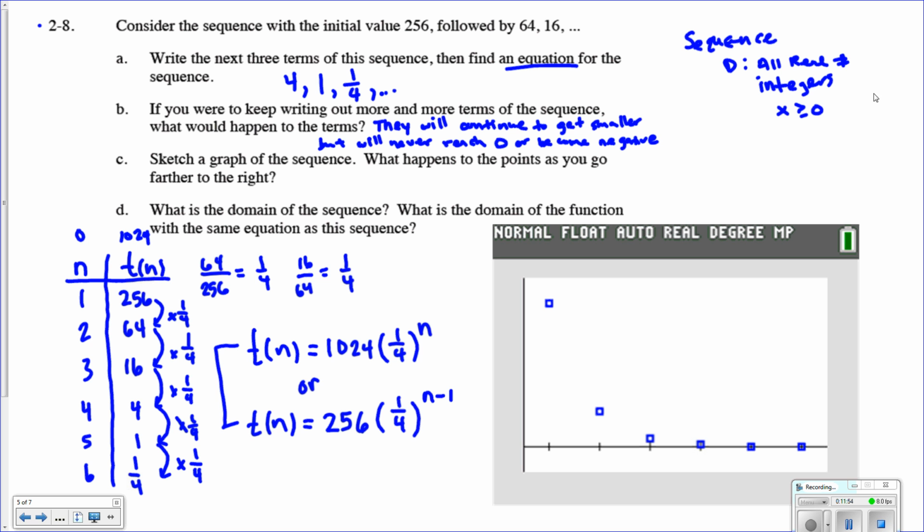Or you could say whole numbers if you wanted to say that. That would be a good way to put it as well. And then our domain for the function, like we're just graphing this function on a calculator here, that equation, it's going to end up being all real numbers.